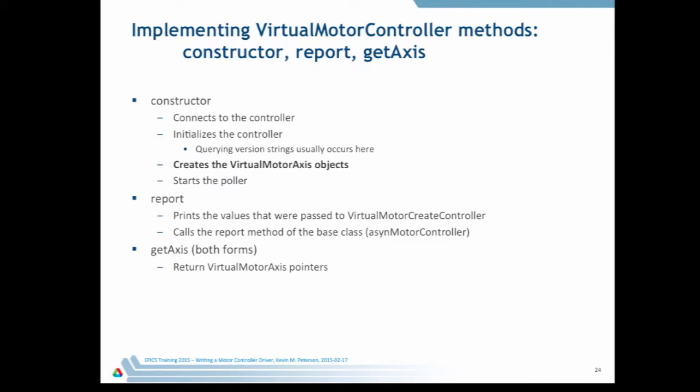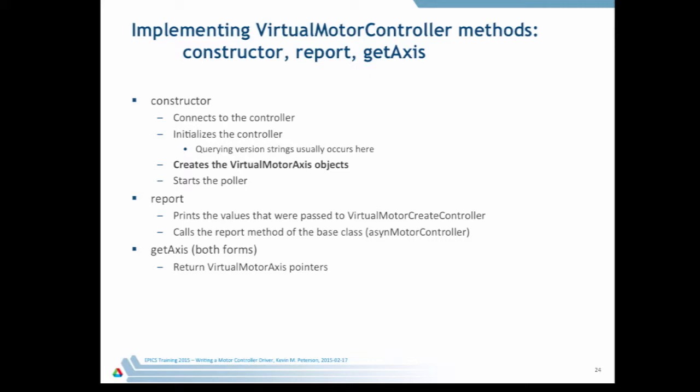But for more complicated controllers, where there are values that can change per axis and the controller cannot determine them, you cannot create the axis objects in the controller constructor. You need to create them in your CMD file, and it's your responsibility to pass it the values that it needs.